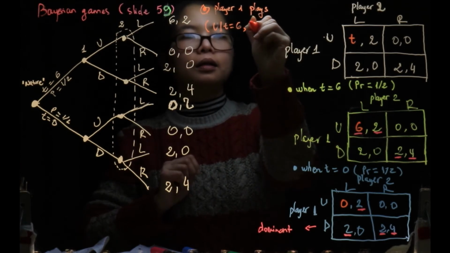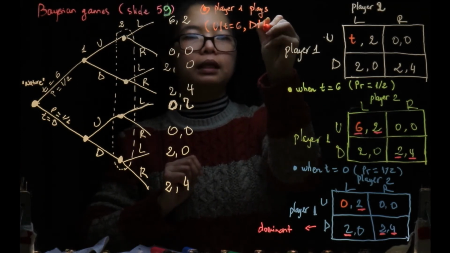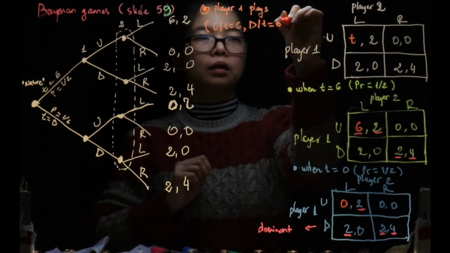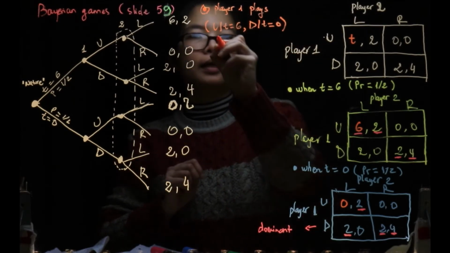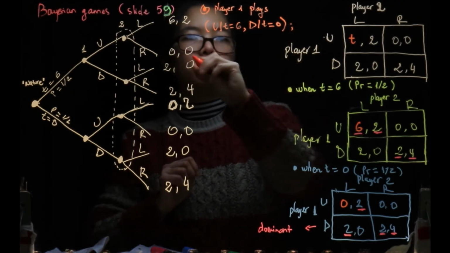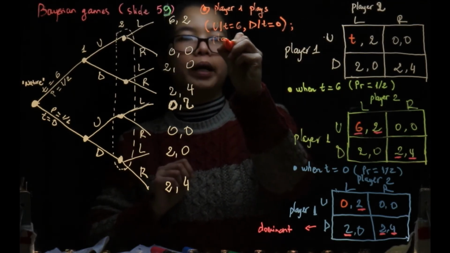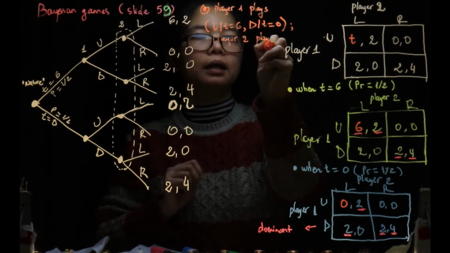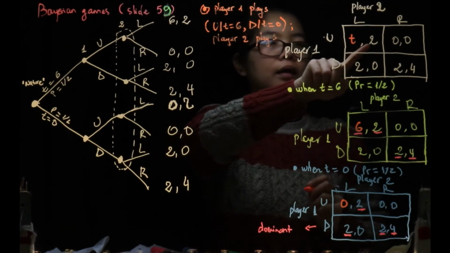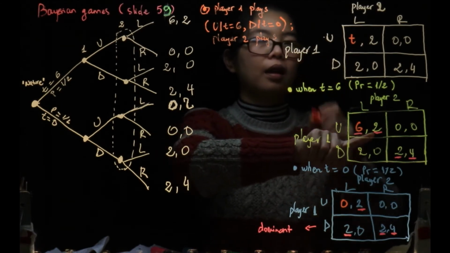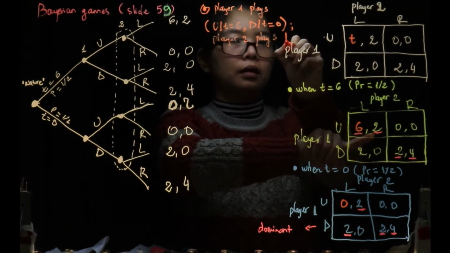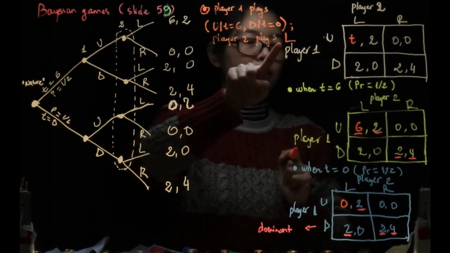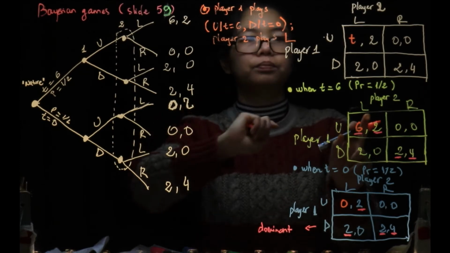So down when t equals 0. Okay, that's for player 1. Player 2 plays where? Left, right? Because up when t equals 6 and left is one Nash equilibrium.